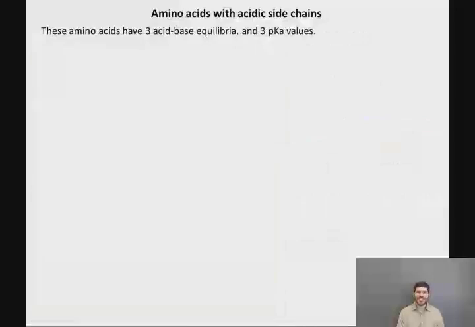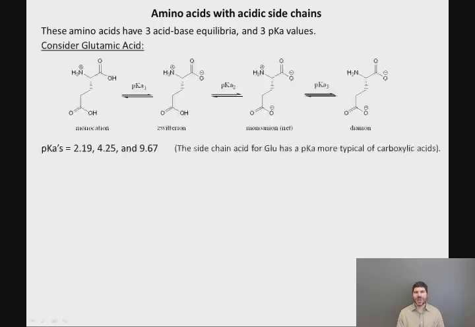So when you have an acidic side chain, as you saw on the last slide, there are 3 acid-base equilibria, and as a result, 3 pKa values. So if we consider glutamic acid, at low pH, this exists as a monocation. Then as you make the pH more basic, you deprotonate one of the carboxylic acids to make the zwitterion.